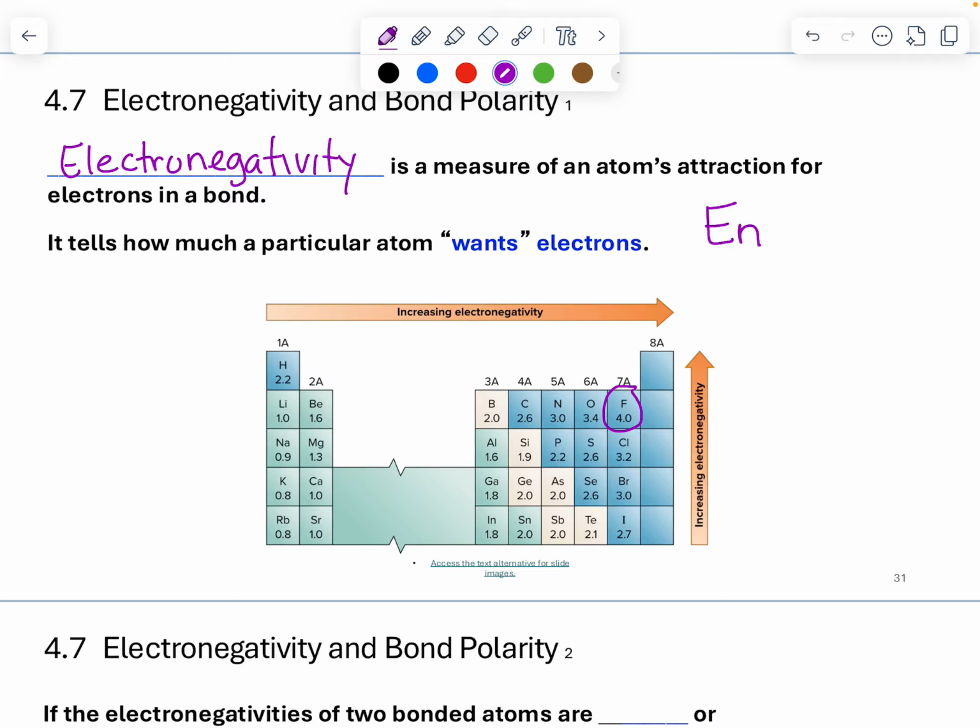And if you notice, the element fluorine has the highest electronegativity value. And so if you'll just keep that in mind as you're thinking about electronegativity, that will help you to make some comparisons. The closer an element is to fluorine, the more electronegative that element is.